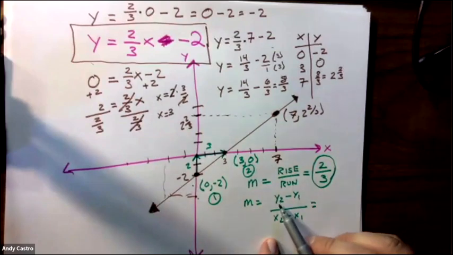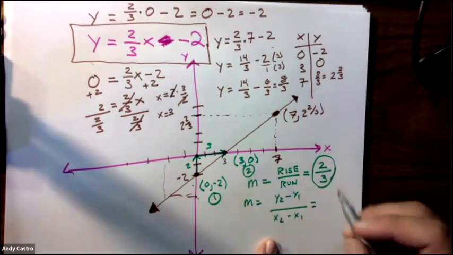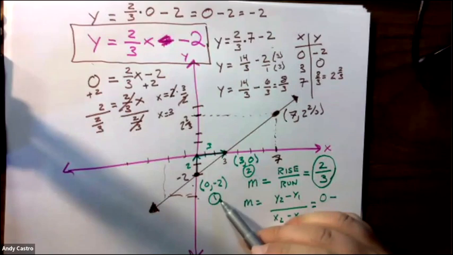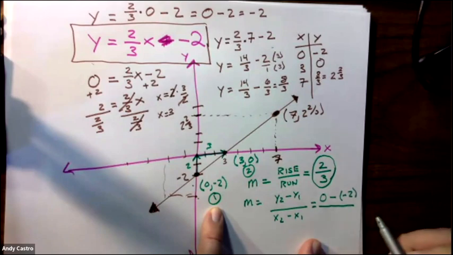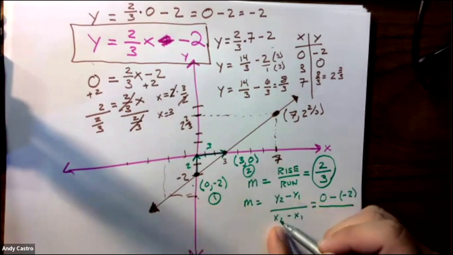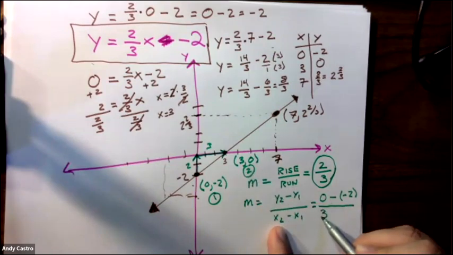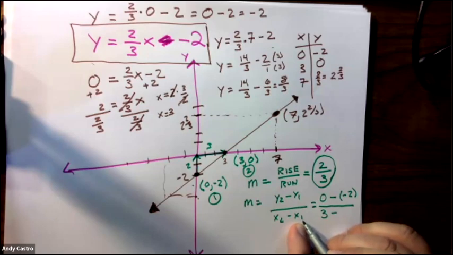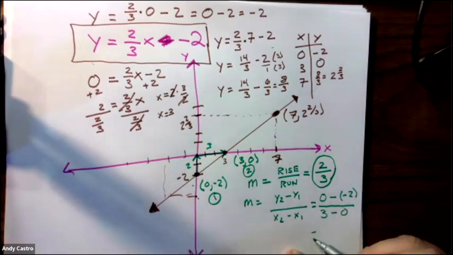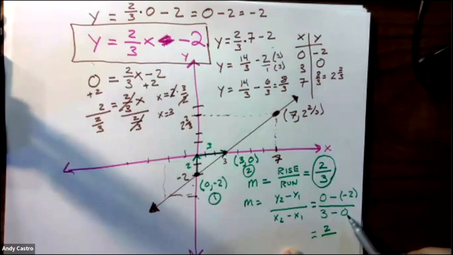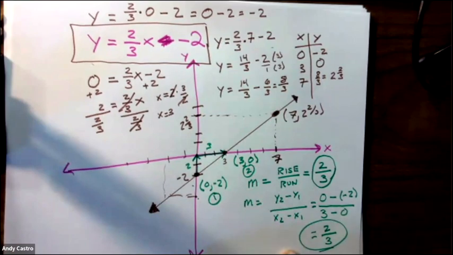My second point y coordinate, that's 0, minus my first point y coordinate, -2, divided by my second point x coordinate, that's 3, minus my first point x coordinate, that's 0. 0 minus -2 is 0 plus 2, or just 2. 3 minus 0 is 3. 2/3 is my slope. Very good.